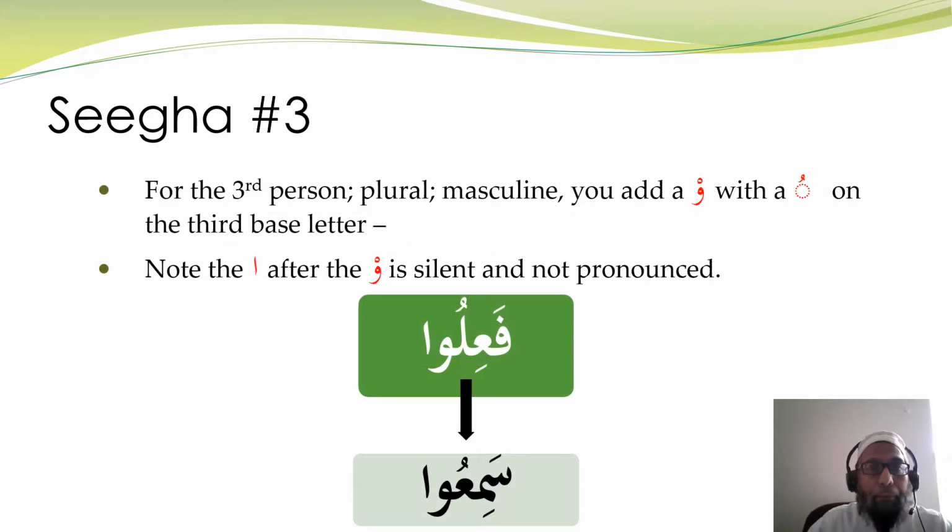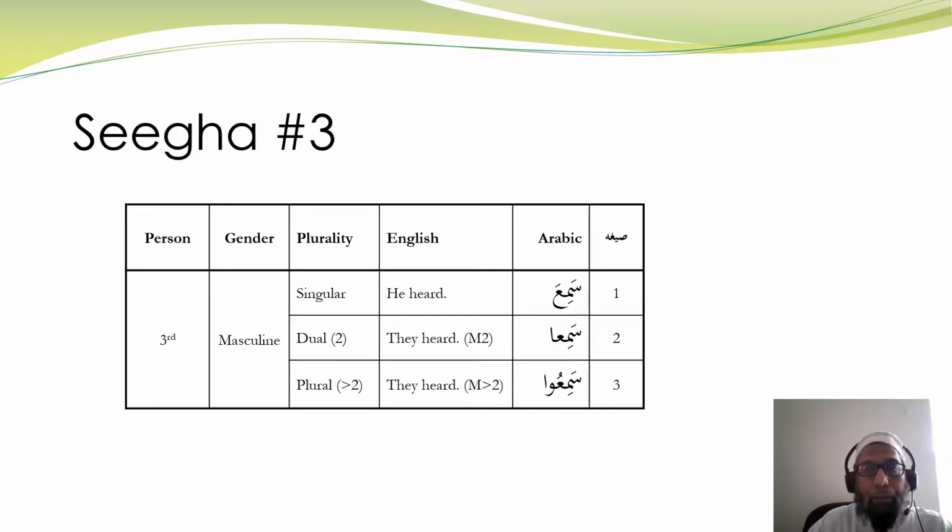Number 3, again third person, plural this time, masculine. You're adding a waw at the end. The alif after the waw is silent. So it's fa'ilu, sami'u, sami'u on the pattern of fa'ilu. Covered 3 so far: sami'a, sami'a, sami'u. Memorize that.